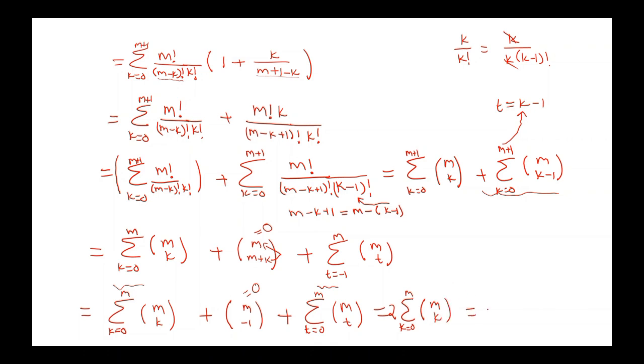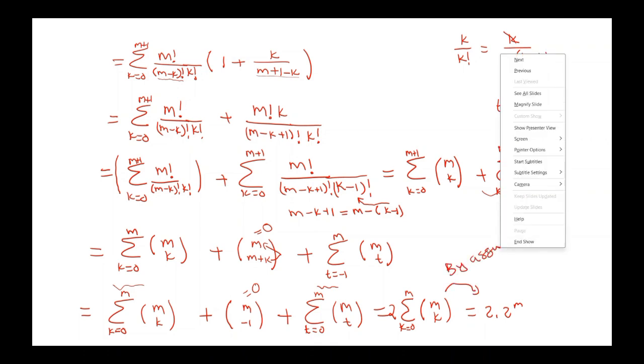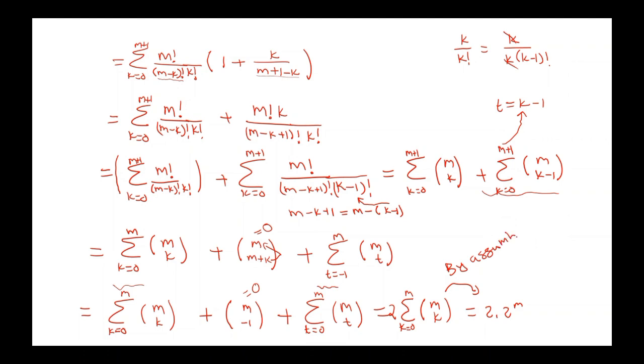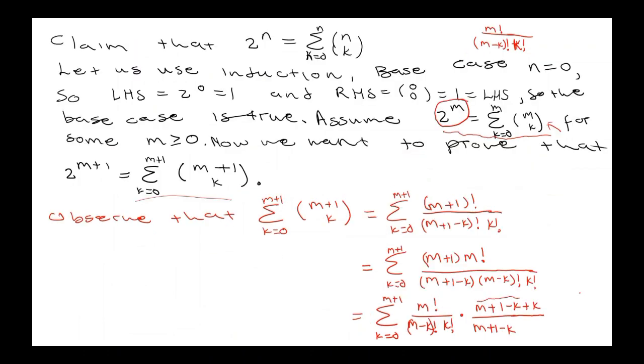And then you have 2 times 2 to the m. This here is by assumption. It immediately follows that you have 2 to the m plus 1, as desired. That's what you wanted to show.